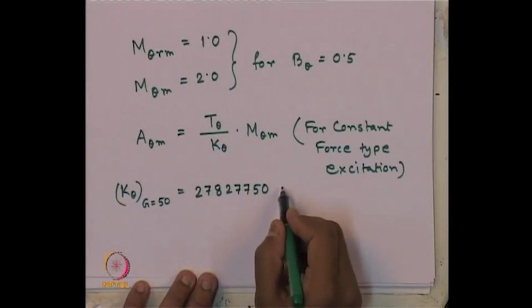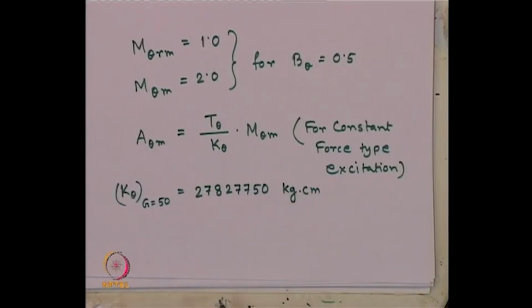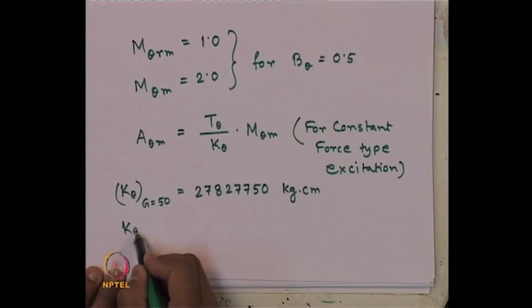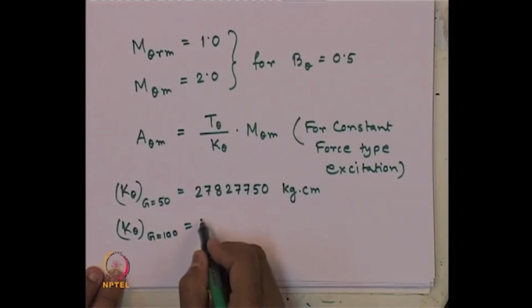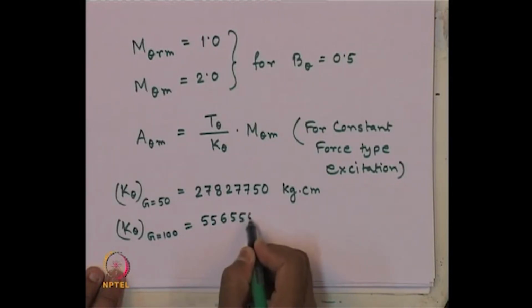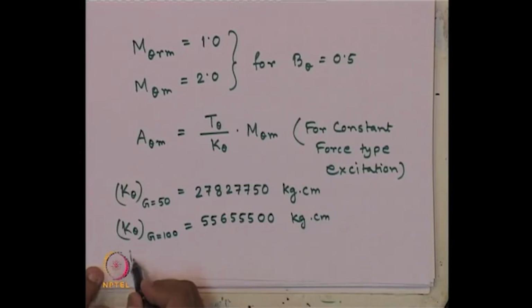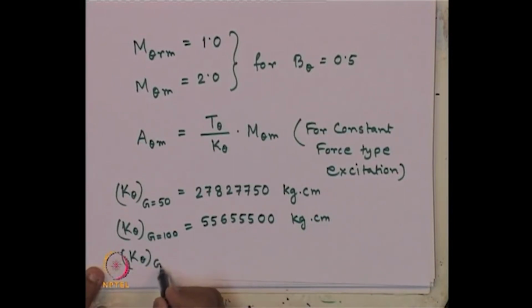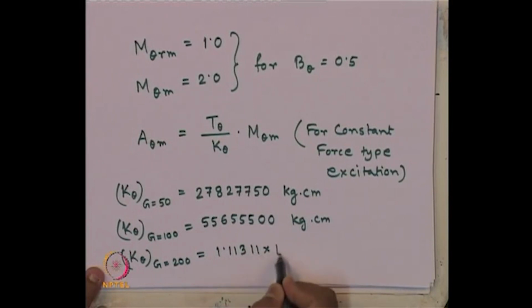Kg force centimeter, right? K theta for G equals 100 is double of this, so 5565500 kg force centimeter, and k theta with G equals 200 we had already computed, double of this, 1.11311 into 10 to the power 8 kg force centimeter.